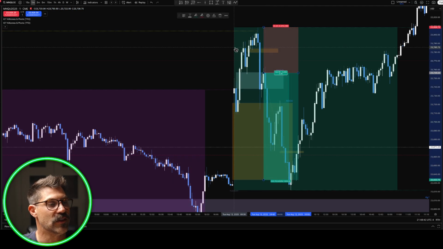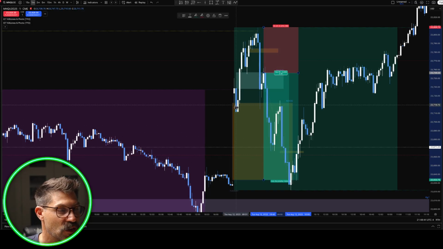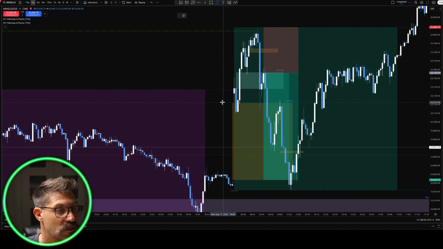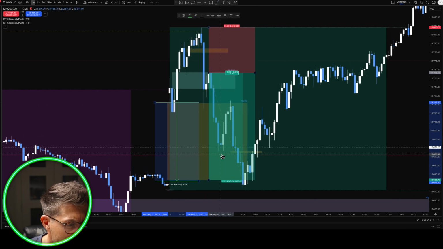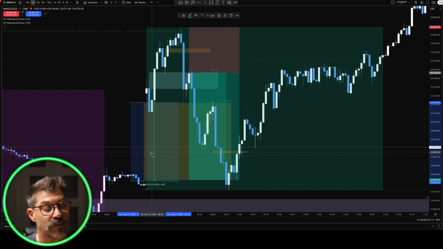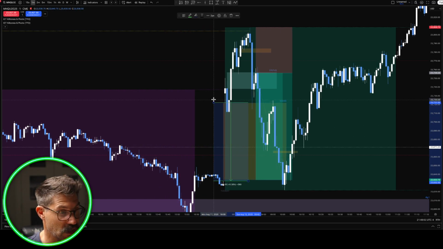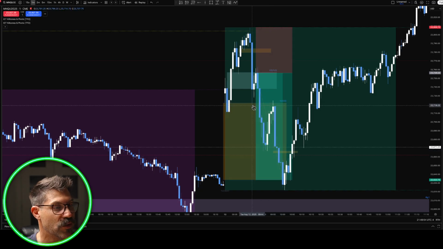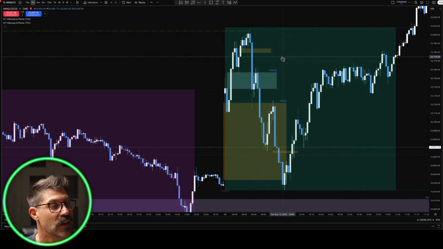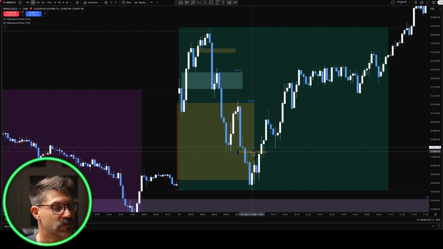So something to learn from, and always check that opening range gap. That gap was, let's measure it out, 90 points. Is that what it says? 90 points. So a huge opening range gap, and it would have been nice to get a couple extra points if I had just checked that out.